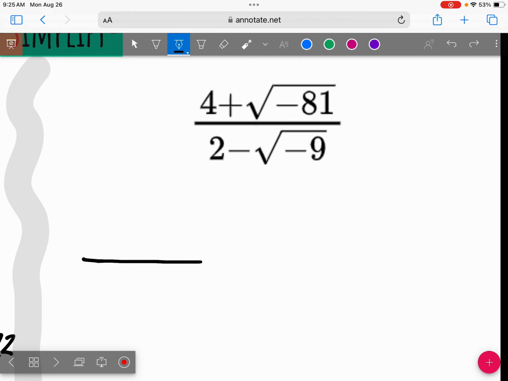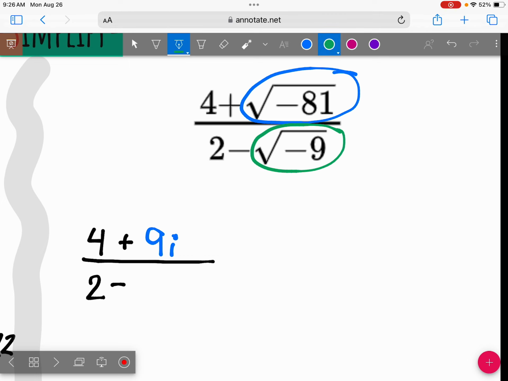So when we write this in terms of i's, I've got my numerator of 4 plus the square root of negative 81. So 4 plus, what is that going to be in terms of i's? Nine i. And our denominator is going to be 2 minus 3i.